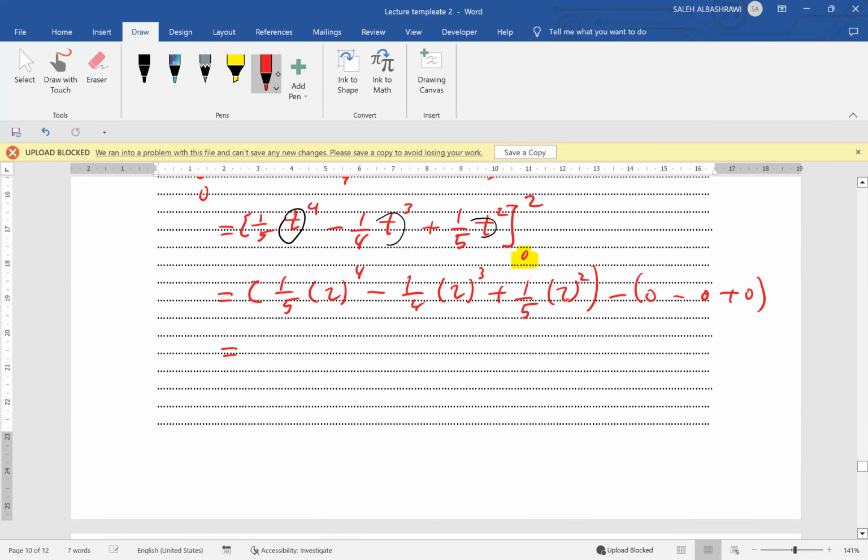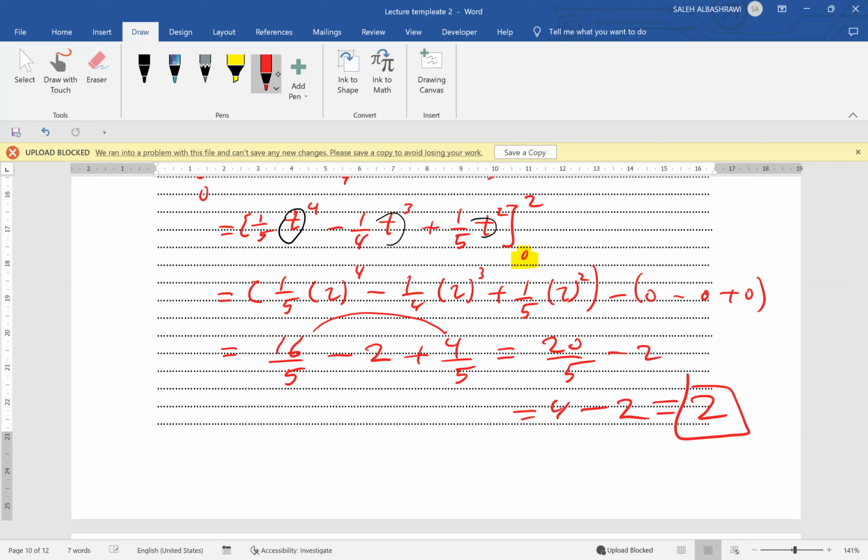So this is equal to 16 over 5 minus 8 over 4, which is equal to 2, plus 4 over 5, which is equal to 16 plus 4 is equal to 20 over 5, that will be 4 minus 2, which is equal to 2. So the value for this definite integral is equal to 2.